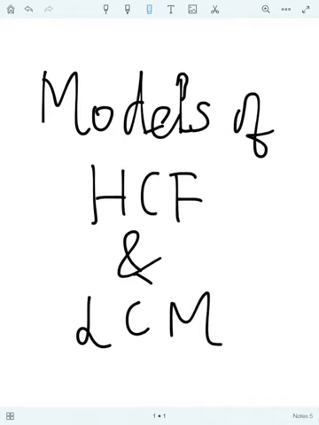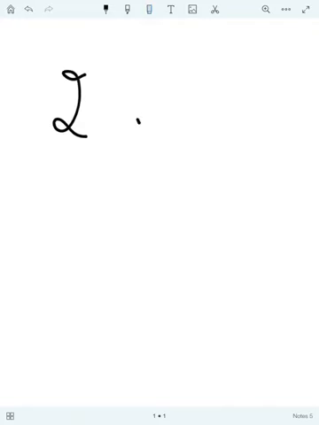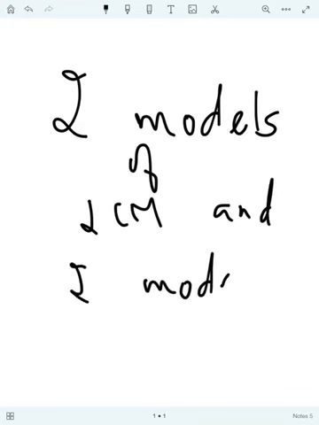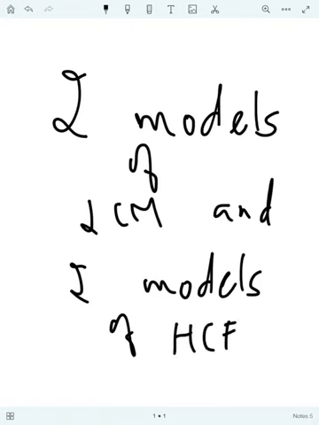So there are two models of LCM and two models of HCF. So both have two models each.